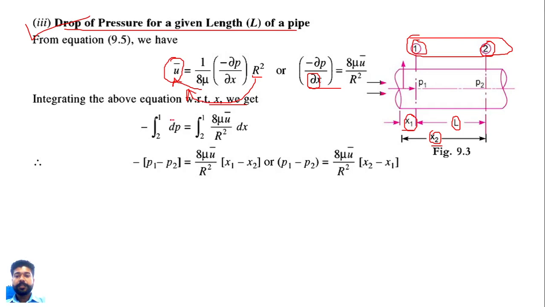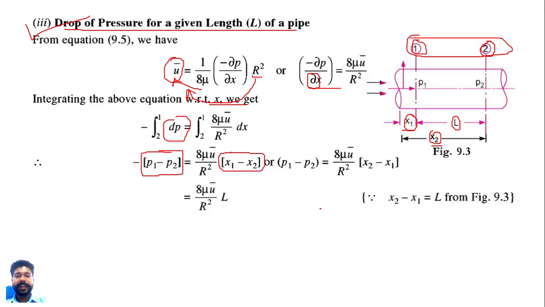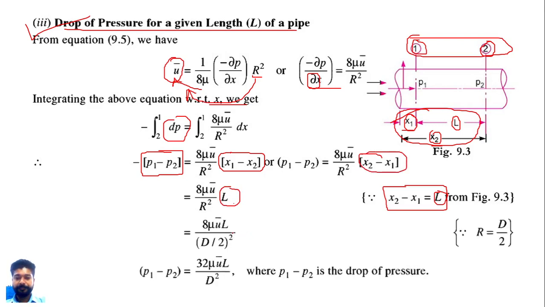Okay, so this dp is p1 minus p2 equals 8 mu u bar divided by r square, and by putting the upper limit and lower limit 1 and 2, we are having x1 minus x2. So this x1 minus x2 equals L. From this diagram we can see that. So 8 mu u bar by r square into L. We are replacing this x2 minus x1 by L.